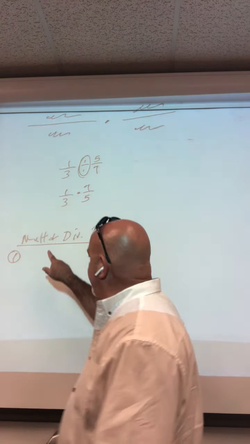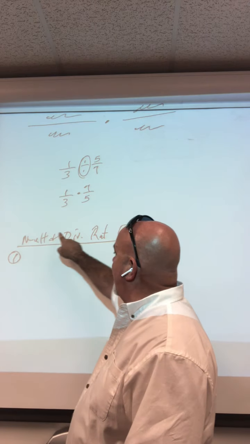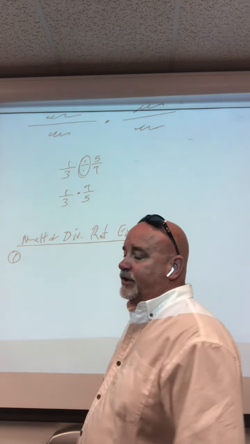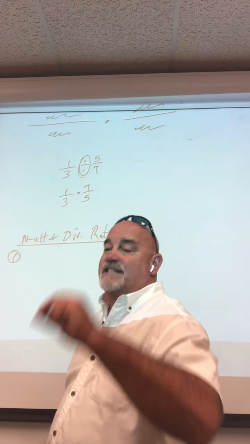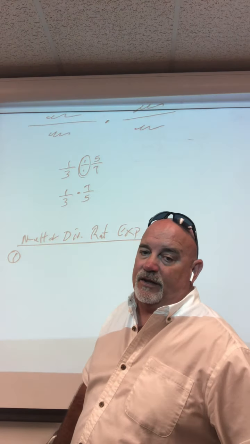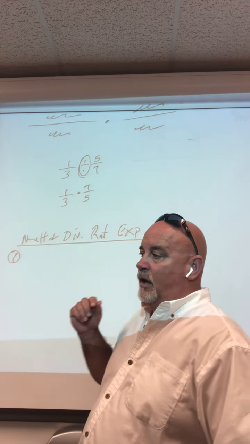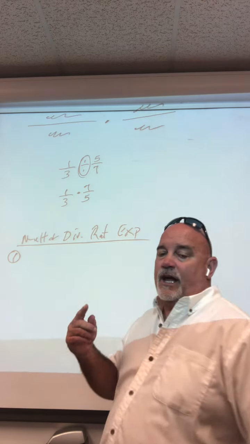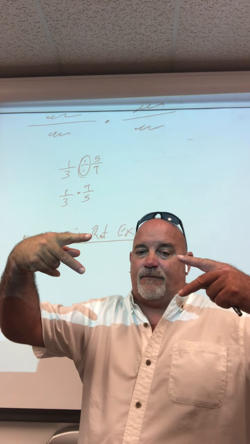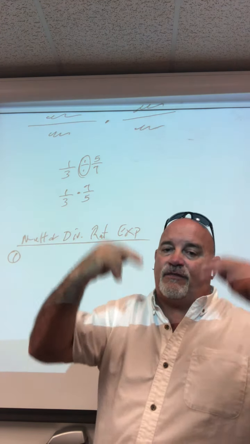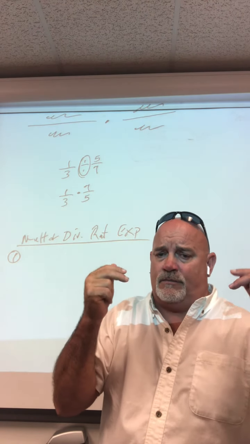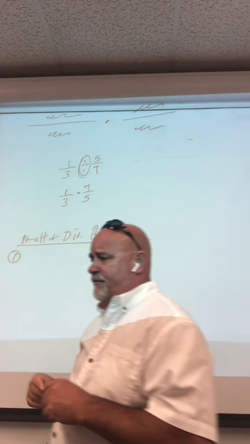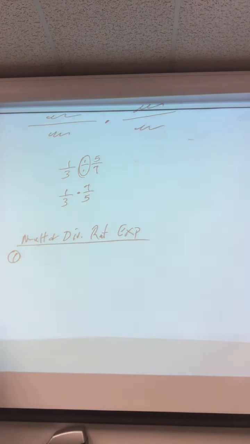So really the only difference between multiplying and dividing rational expressions and simplifying rational expressions is the first step. If you're dividing, you flip the second fraction over. And then you've got 2 numerators and 2 denominators to factor. So factoring and canceling stays the same.